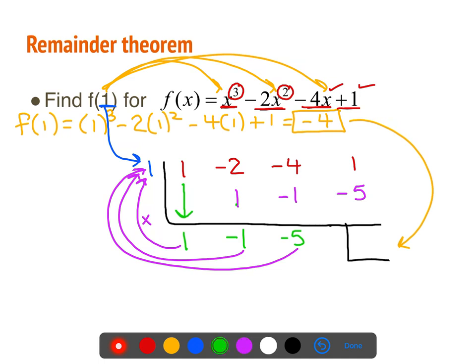Add the column, -4 and -1 make -5. Multiply by the outside, -5 times 1 is -5. Add the column, 1 and -5 make -4. Look at that! That is the answer. So f at 1 is the same answer if I put 1 into synthetic division.